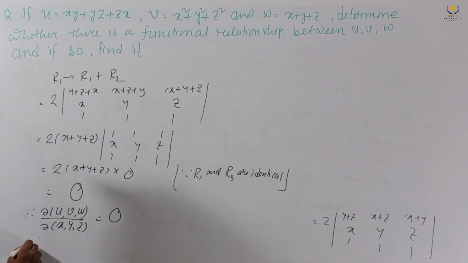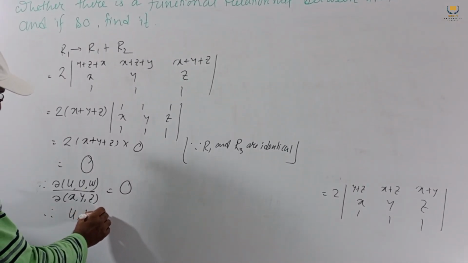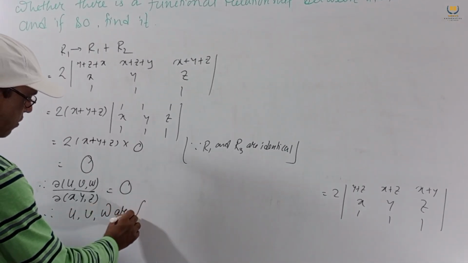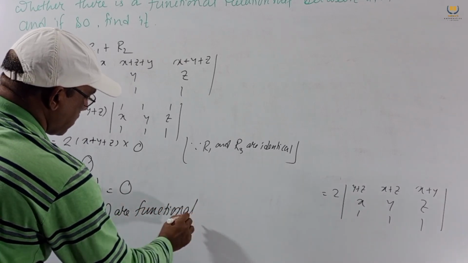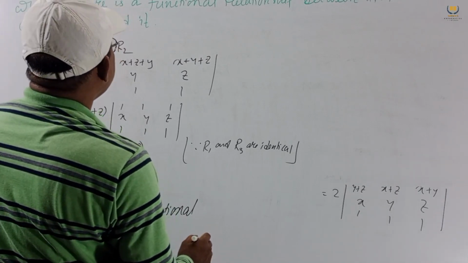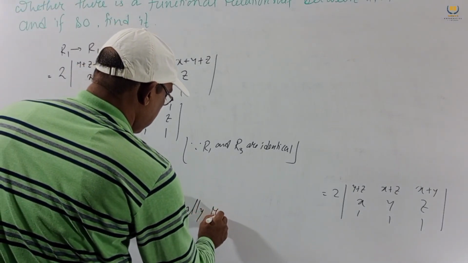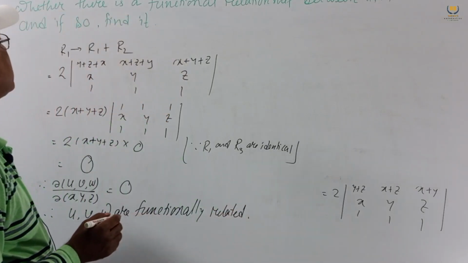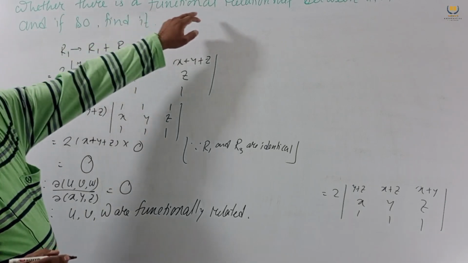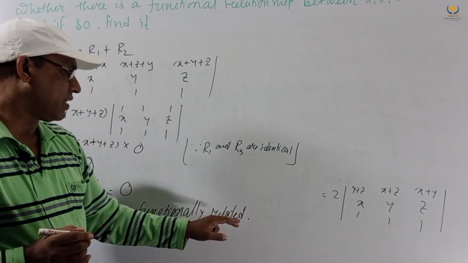Therefore u, v, w are functionally related. Is there a functional relationship? Yes, u, v, w are functionally related.